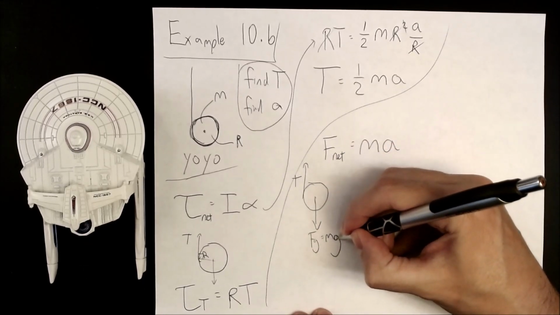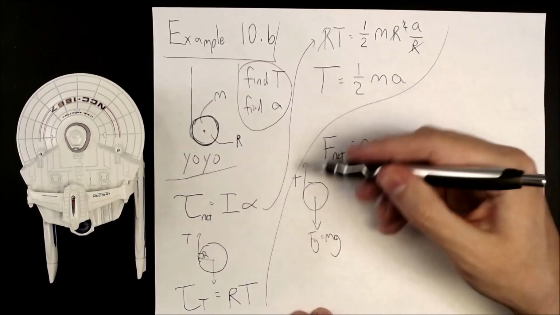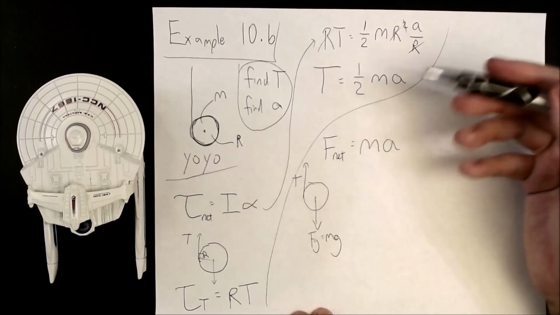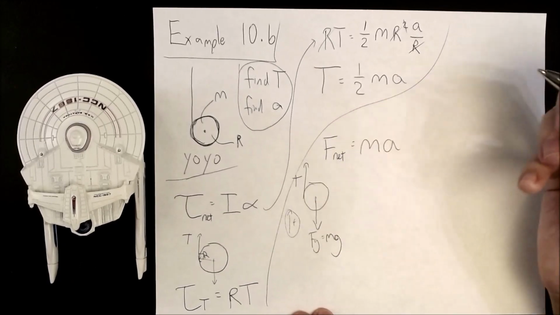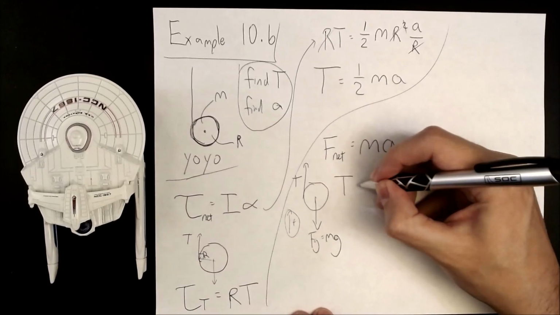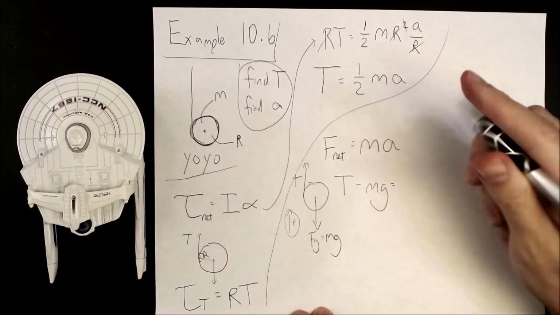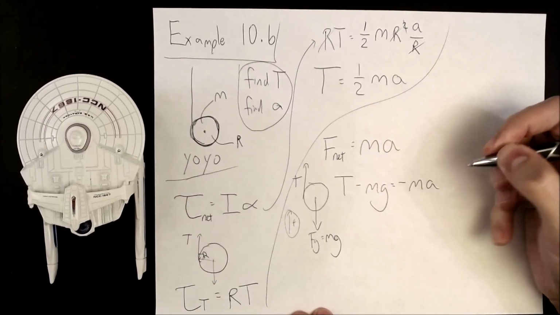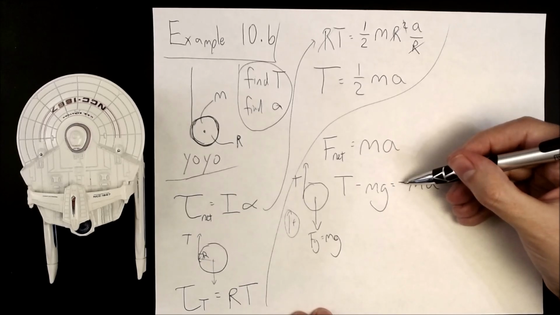In this case, no torque because it's at the center. But the tension definitely isn't, but we don't even care because this is forces and we have to include both of them. Let's say that up is positive as usual. So we've got the tension minus mg is equal to negative ma because it's falling down. That negative is very important here.